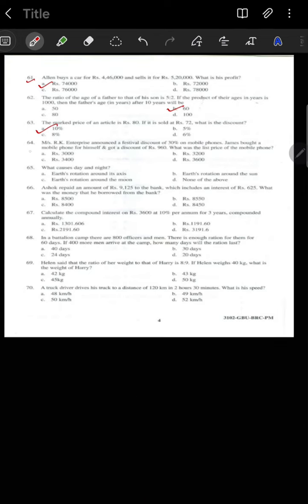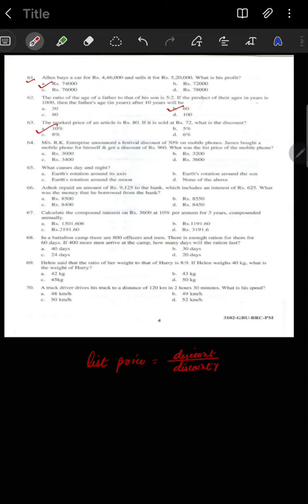Next question number 64. MSRK Enterprise announced a festival discount of 30% on mobile phones. James bought a mobile phone for himself and got a discount of rupees 960. What was the list price of the mobile phone? So list price is equal to, your formula is total discount divided by discount percent.